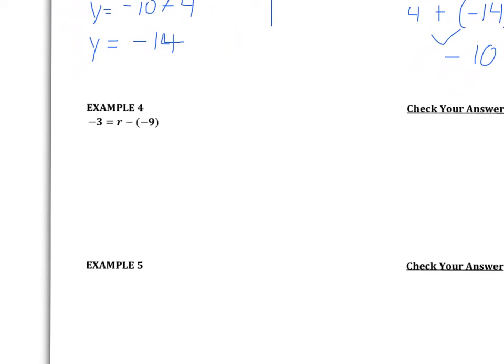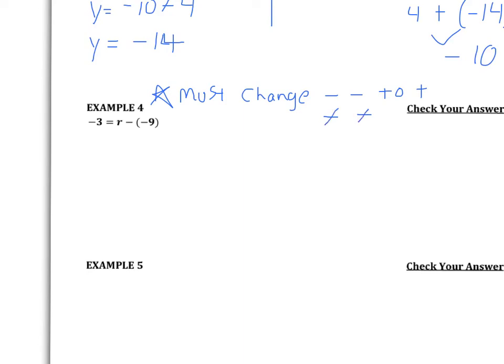So, key point on this one, we must change minus a negative to addition. Here's why. Remember, minus a negative, we change that to addition and change the sign of the next number.